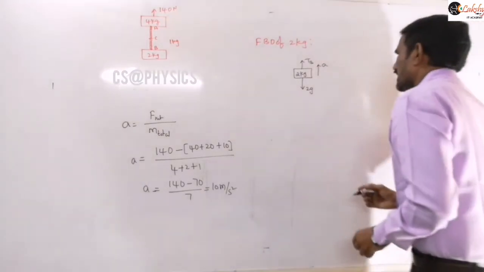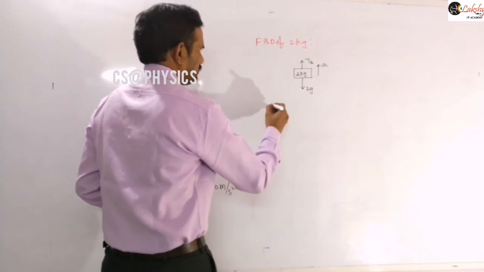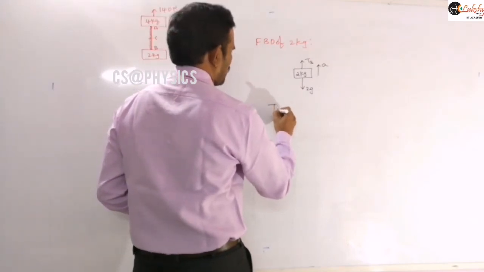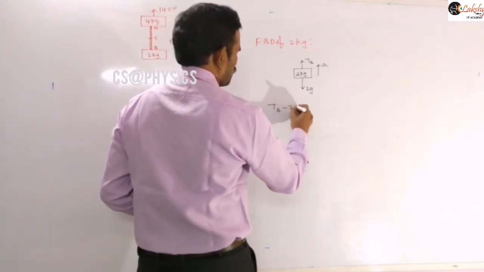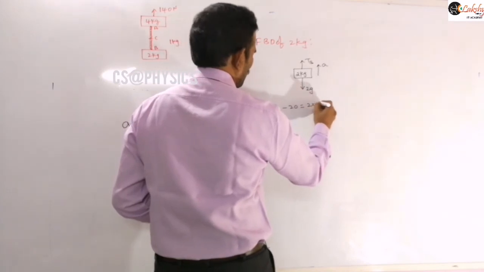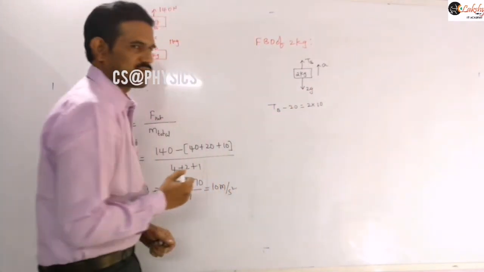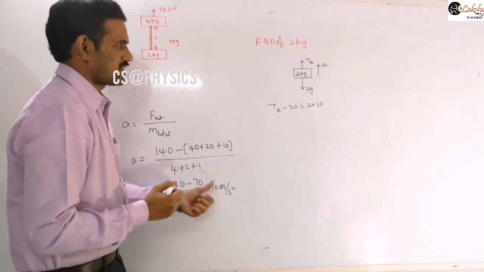So we can write the equation: TB minus 20 is equal to 2 into A. The A value we already calculated, that is 10.